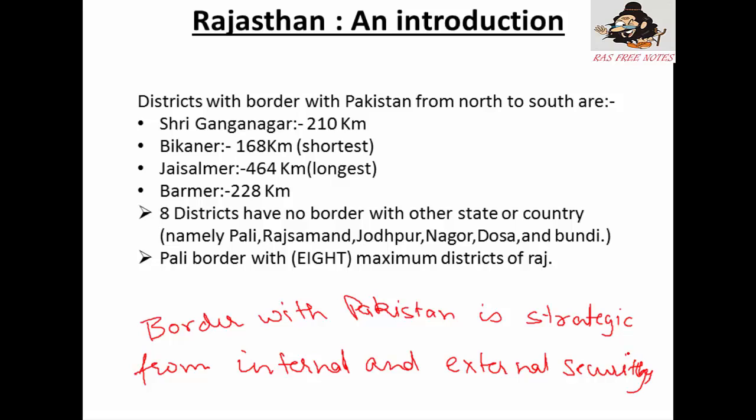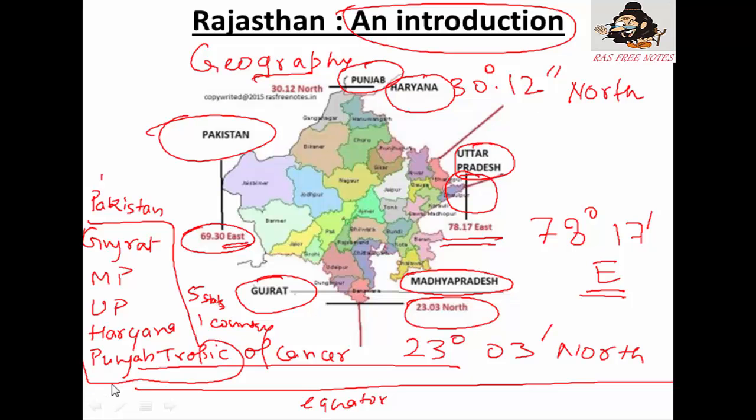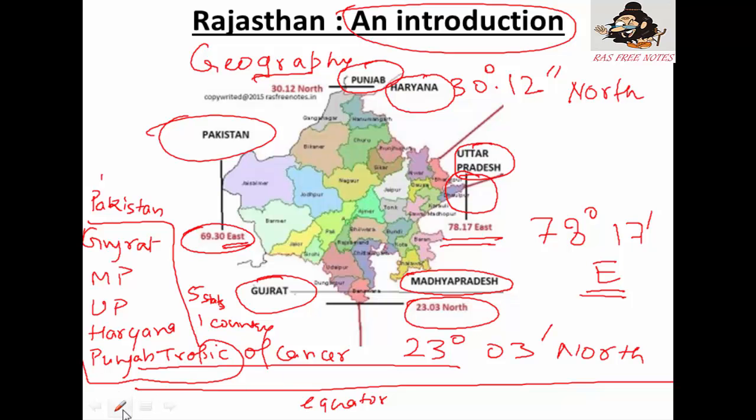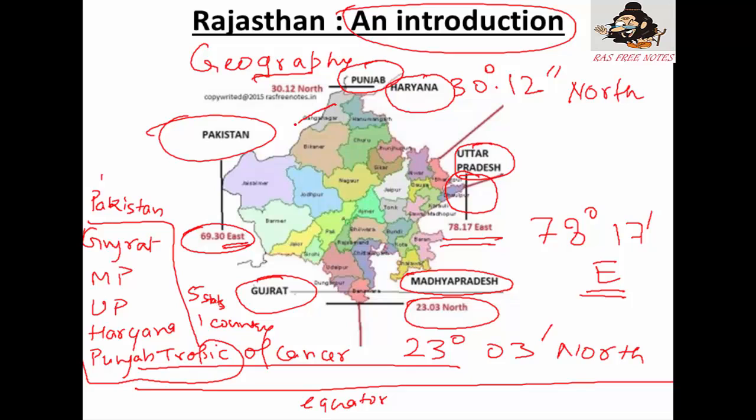Why? See, the border with Pakistan has areas which are desert. So the security problem in these regions is of prime importance.